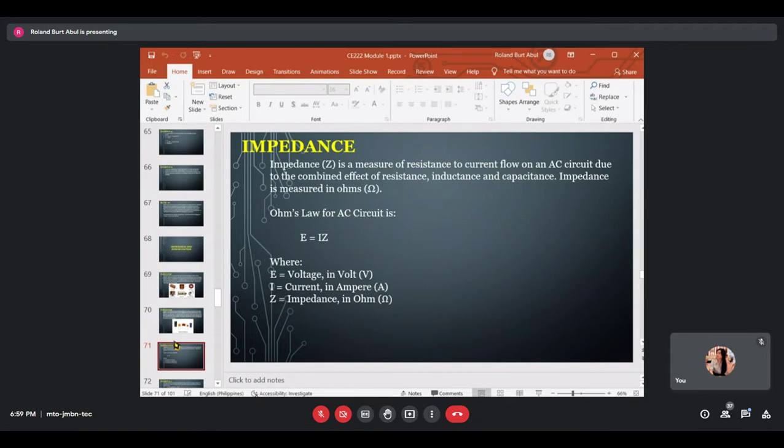The figure below shows examples of inductors. Next is the capacitor. A capacitor is composed of metal plates separated by air or dielectric materials such as paper, ceramic, or mica.